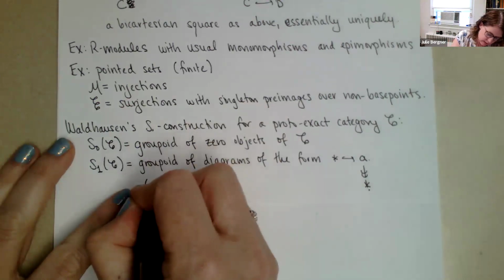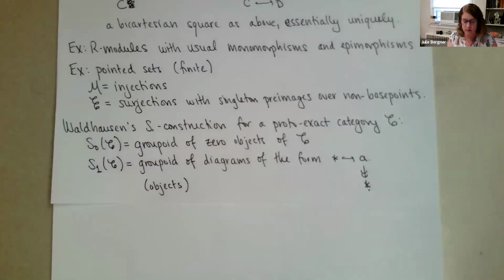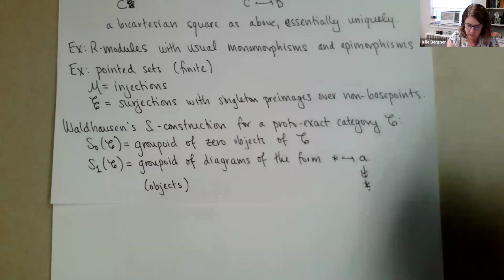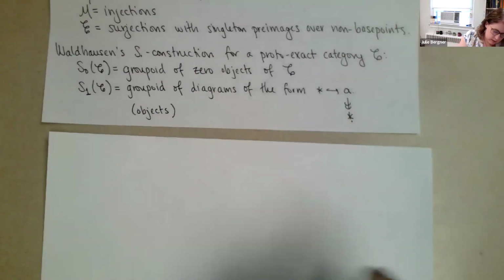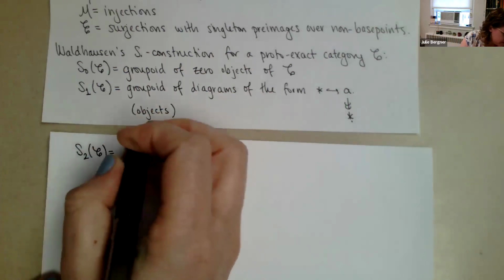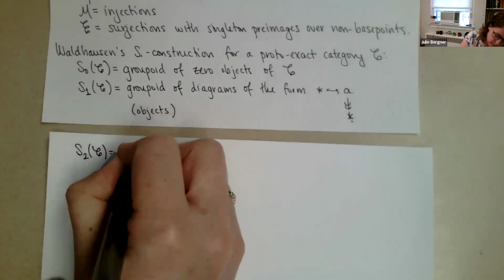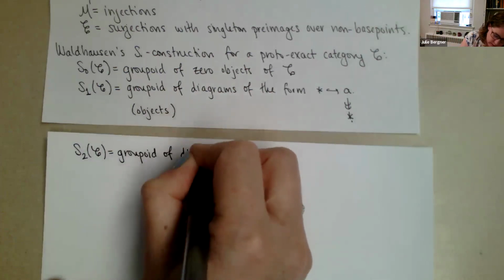So essentially, it's just the groupoid of objects, isomorphism classes of objects. Again, that seems like a weird way to talk about the objects, but now let's go up a level. Now we're going to take the groupoid of diagrams.